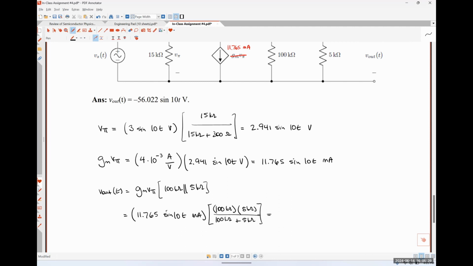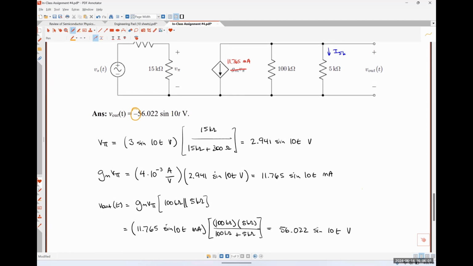So let me do that. 100 times 5 over 105, all of that times 1,000. And I get 56.022 sine 10t volts.